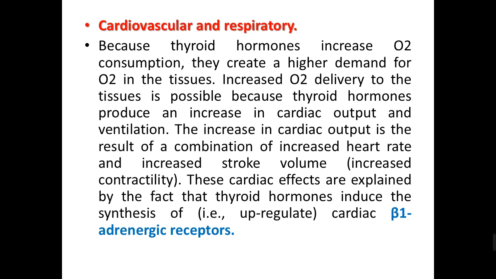The increase in cardiac output is the result of a combination of increased heart rate and increased stroke volume. These cardiac effects are explained by the fact that thyroid hormone induces the synthesis of cardiac beta-1 adrenergic receptors. You will understand these receptors in the pharmacology next.